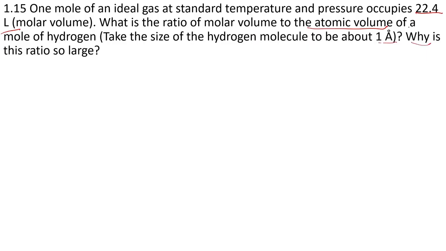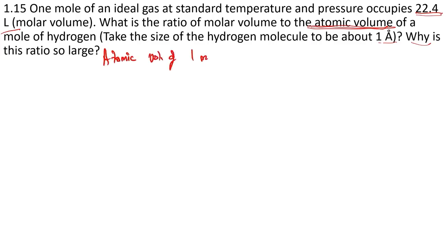So we have to calculate the molar volume at standard temperature and pressure, and the atomic volume. The atomic volume we have calculated for hydrogen atoms, and we have to find out the ratio between the molar volume and the atomic volume of 1 mole of hydrogen. So let's start calculating.